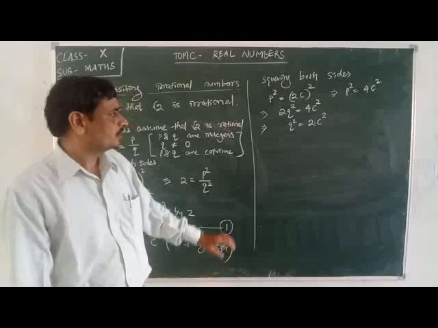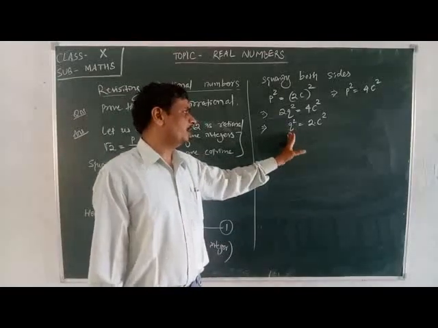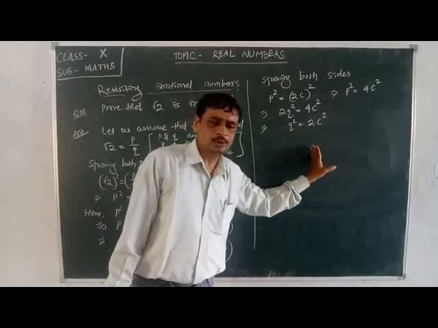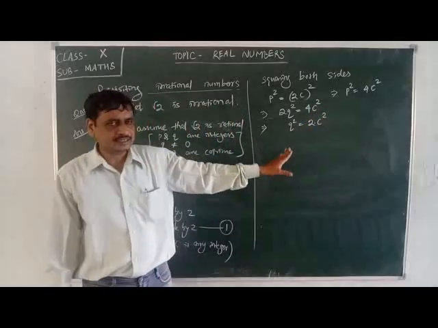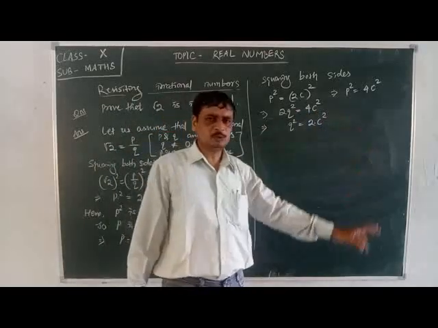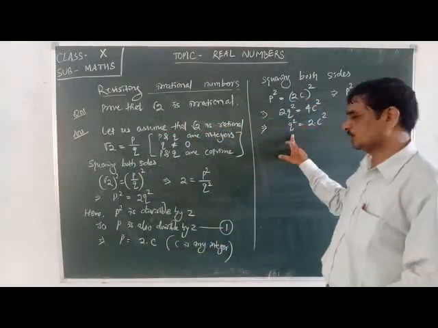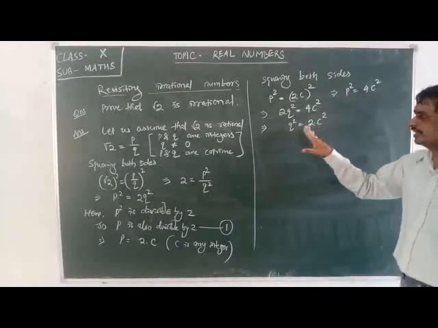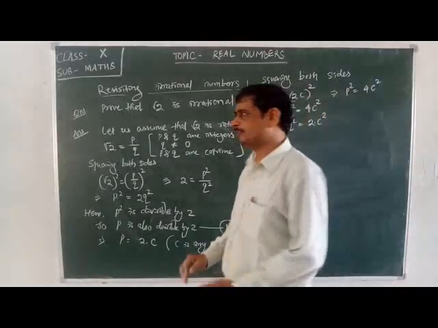Now we can see that the value of q square is equal to 2 into c square, 2 into something. Since this term is a multiple of 2, this q square is also a multiple of 2. If q square is a multiple of 2, then q square will be divisible by 2.